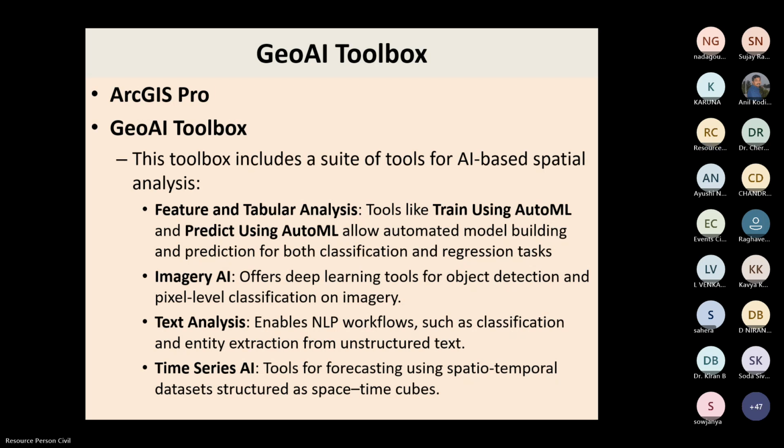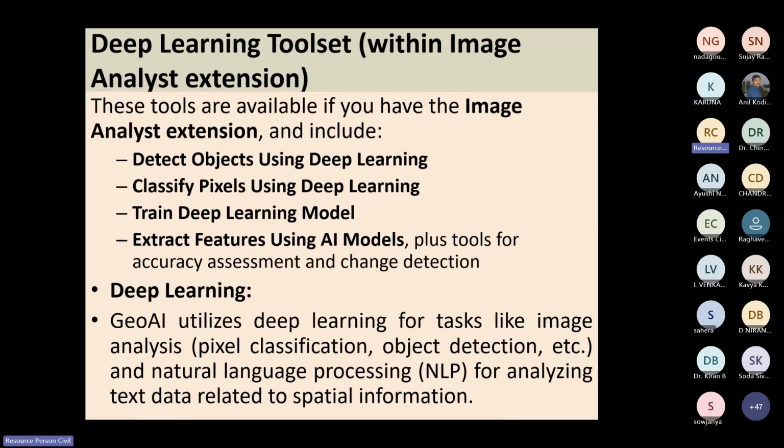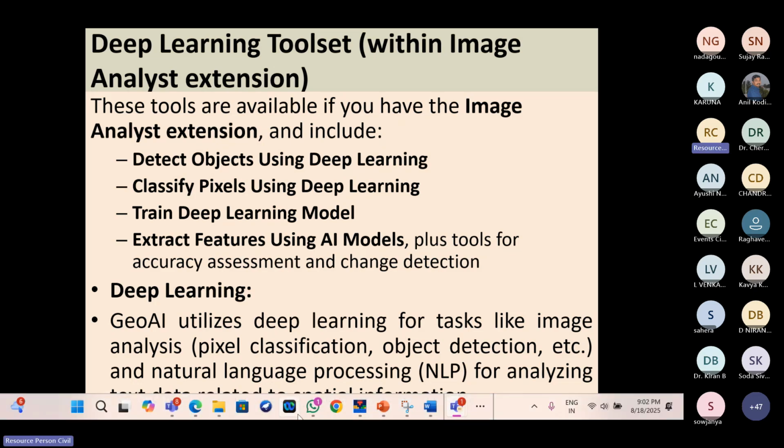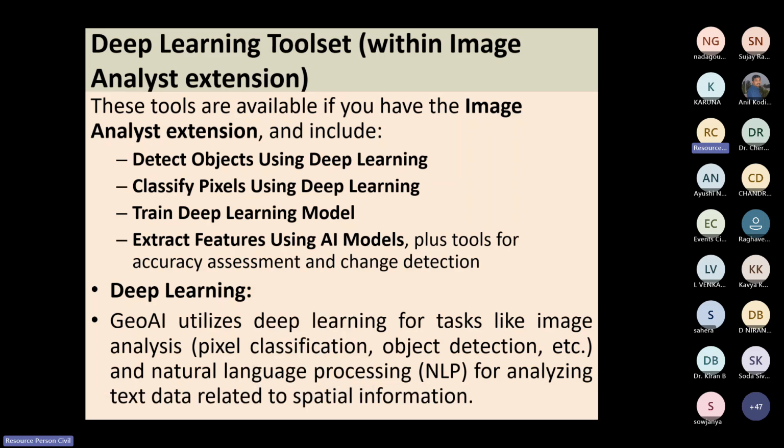So deep learning tools are also available in ArcGIS. Later, NLP, natural language processing tools, are also there. In deep learning, one is classify pixels, pixel based, and another is object based.